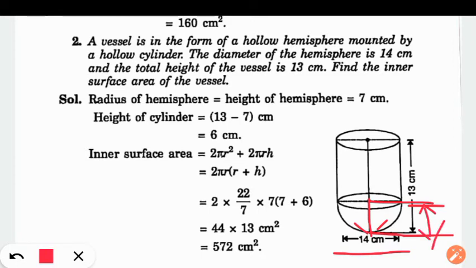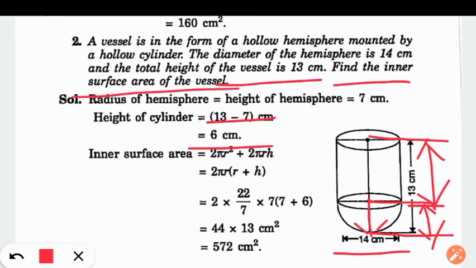And the full height of this figure or vessel is given as 13 centimeter. Then what will be the height of the cylinder? It is obvious, 13 minus 7. So the height of the cylinder is 6 centimeter. What are we required to find? Find the inner surface area of the vessel. So to find the inner surface area, what will be the formula?